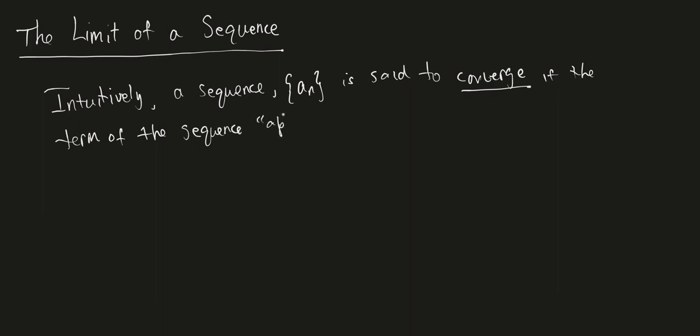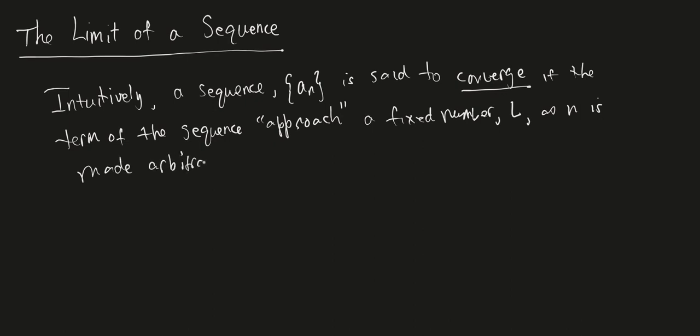approach, and again this is the non-technical definition, right? So if the terms of the sequence approach a fixed number, and I'm just going to call that number L, as n is made arbitrarily large.